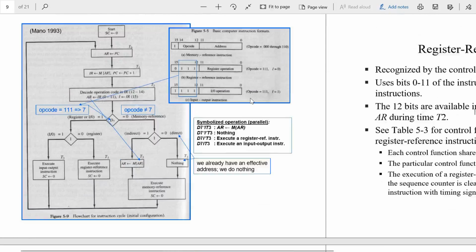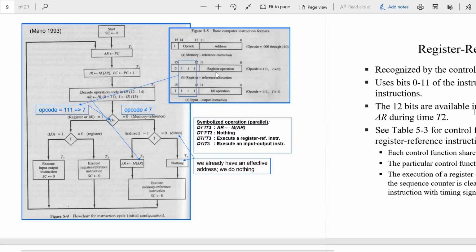With the help of this instruction cycle, the final aim is to execute any one of the computer instructions: memory reference instruction, register reference instruction, or input output instruction.